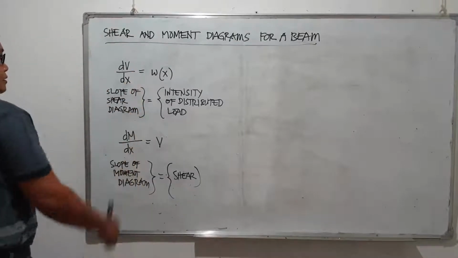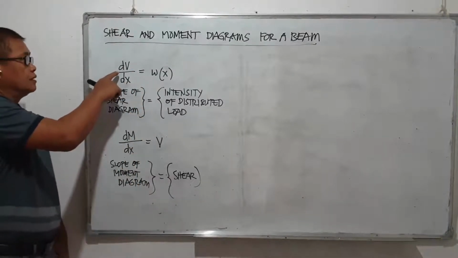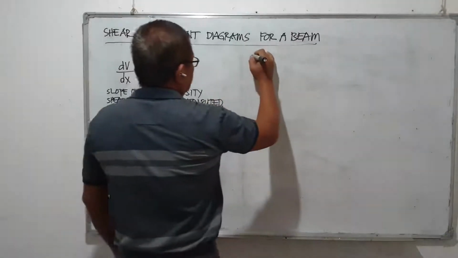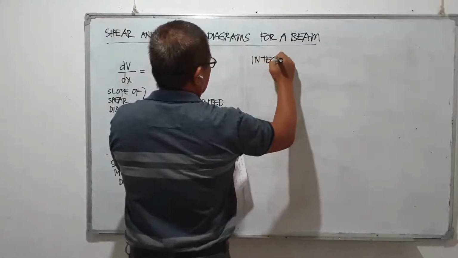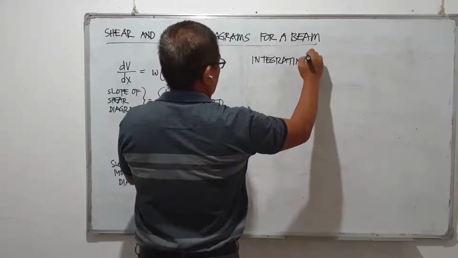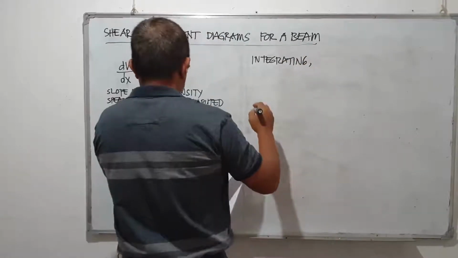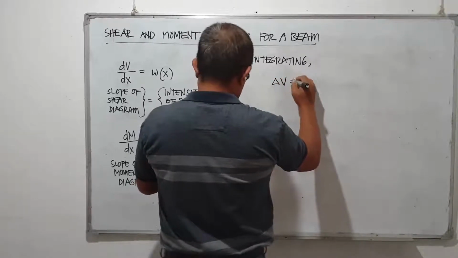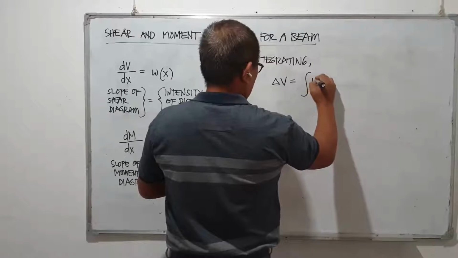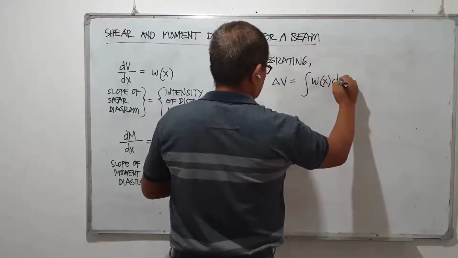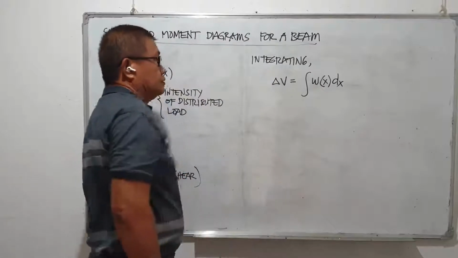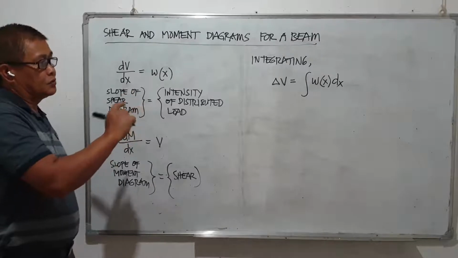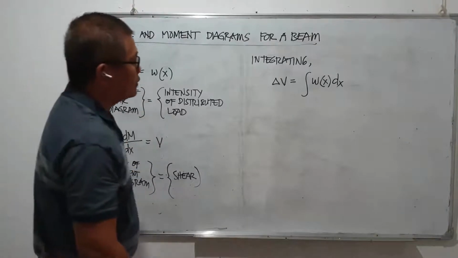And if we integrate these two equations, integrating this one with respect to x, as well as moment, we will have delta V equal to the integral of w along x, or its magnitude measured a distance x along the span where w is active.